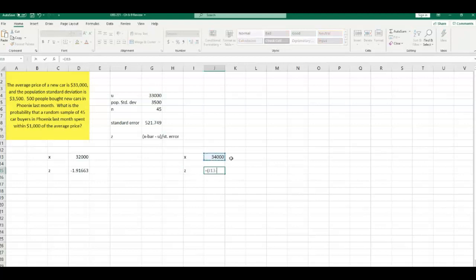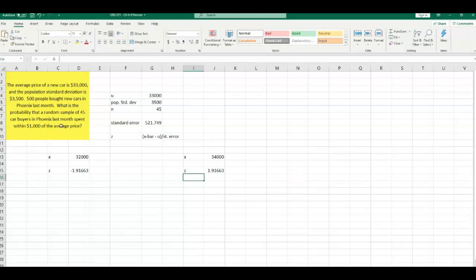So our X bar minus our mean, all divided by our standard error. Now, since they are equal distances away from your mean, you'll notice that the numbers are the same. It's just one's positive, one's negative, right? Because they're each 1.92 standard errors away from our mean. So we have our two z-scores here.